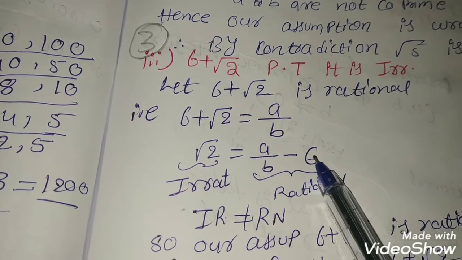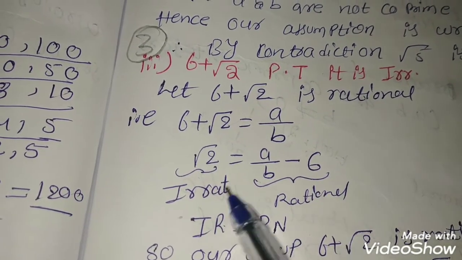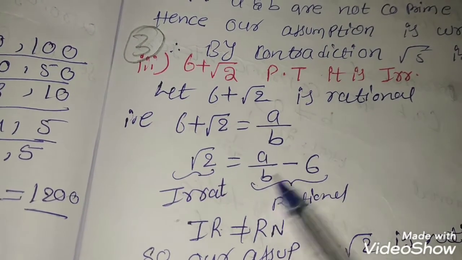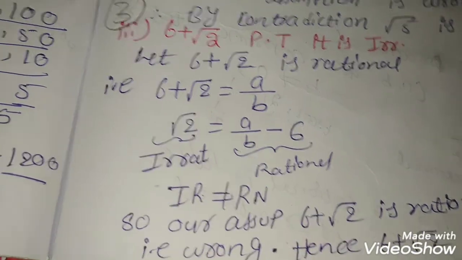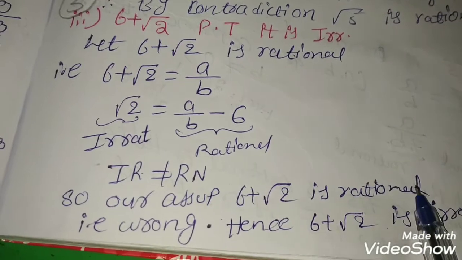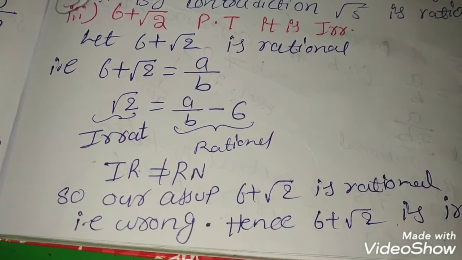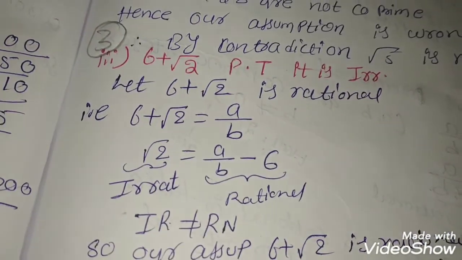Is it correct? Is an irrational number equal to a rational number? No, it is not right. So our assumption is wrong. An irrational number is not equal to a rational number. So our assumption that 6 plus root 2 is rational is wrong. Are you getting it? Then what can you say? 6 plus root 2 is always irrational.